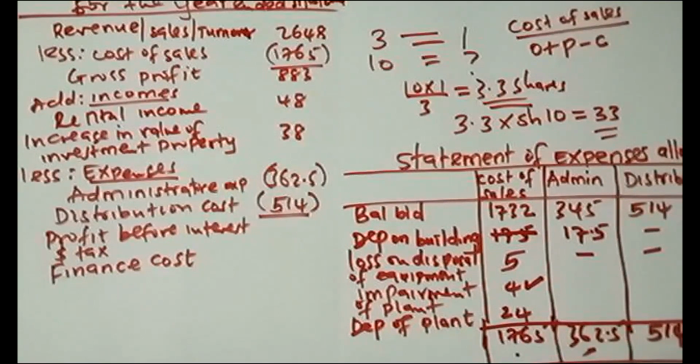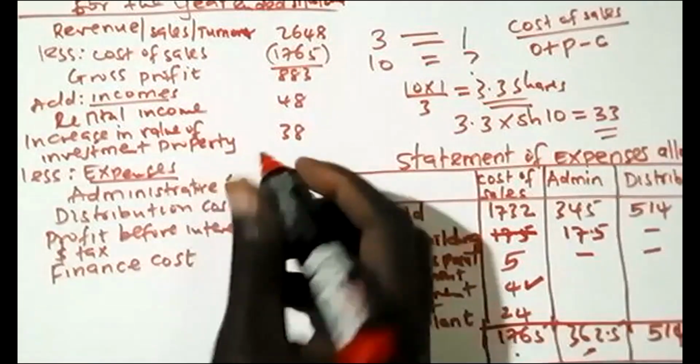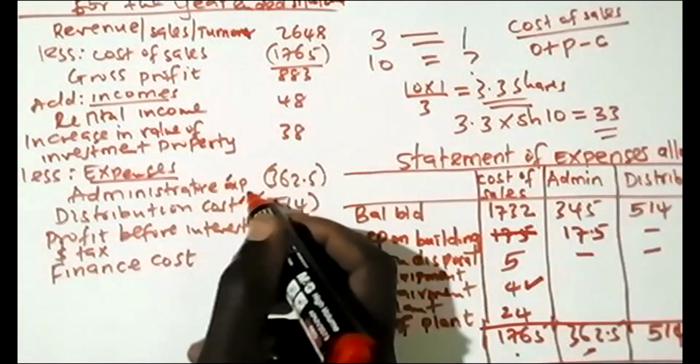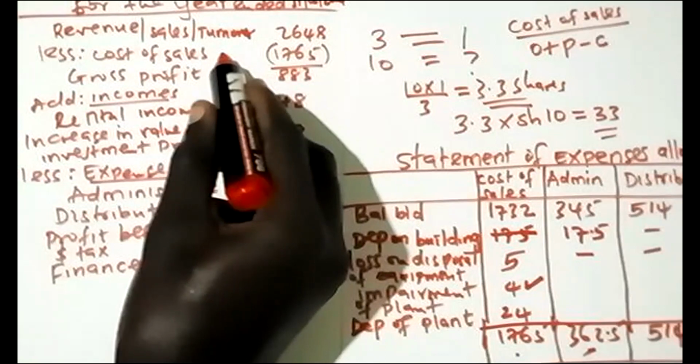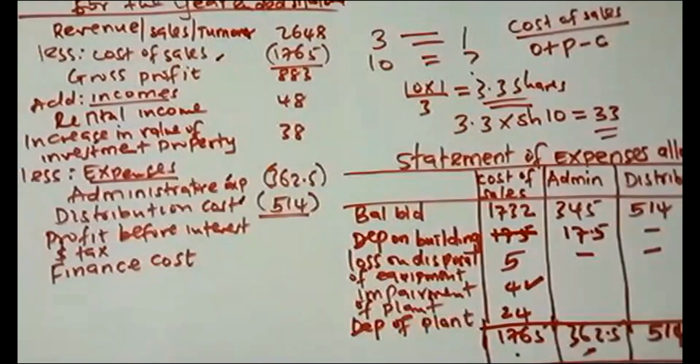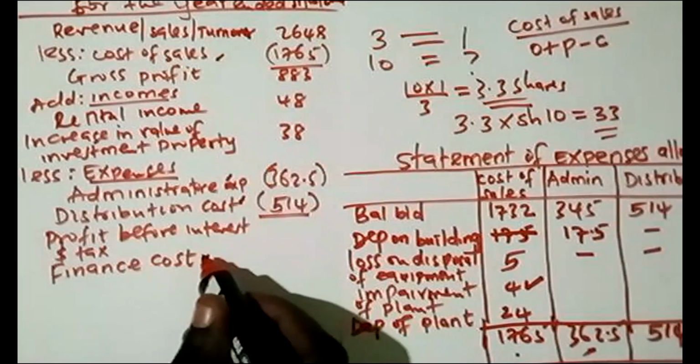Thank you. Again, what I need to correct in your mind is that according to International Accounting Standard 1, when you are classifying your expenses, some expenses go to admin, some expenses go to distribution, some expenses go to the cost of sales, and some go to the finance cost.